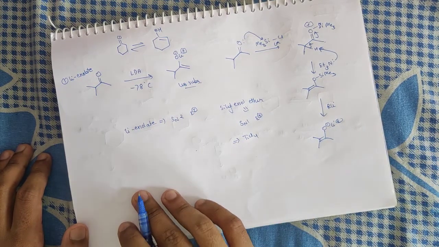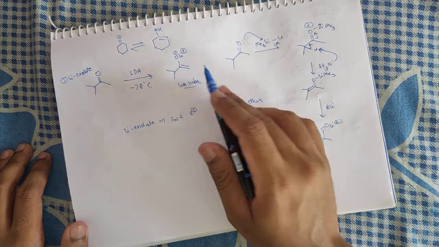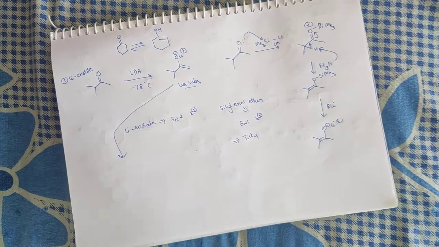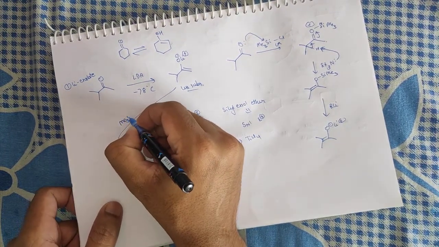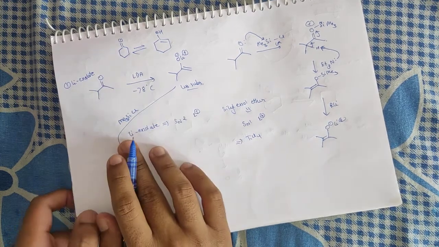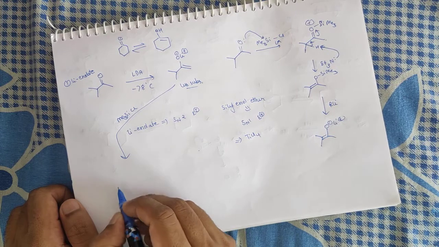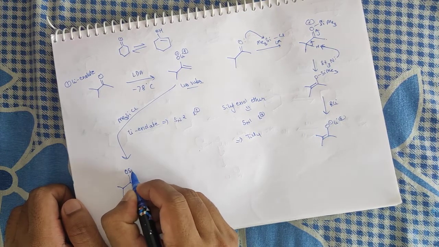In the same manner, you can convert this lithium enolate into silyl enol ethers by just reacting it with trimethylsilyl chloride again. Now you don't need the base because the proton is already removed, so there will be formation of this enolate.